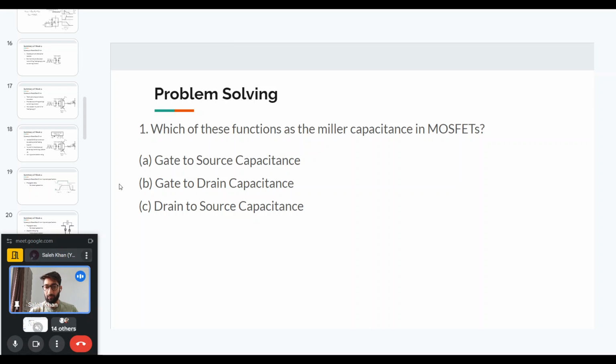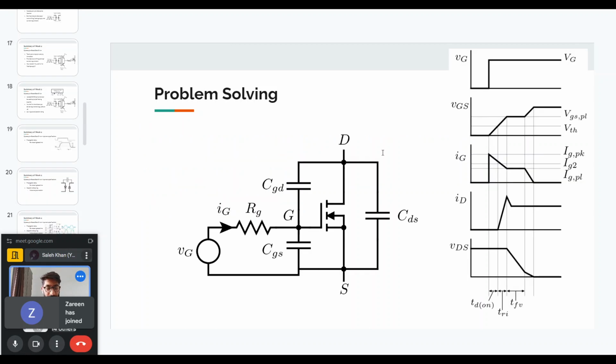So does anybody know the answer? You have to know what the Miller region is, and then which of these functions as the Miller capacitance. Okay, so we can see, as we saw previously, how the turn on process of the MOSFET works.